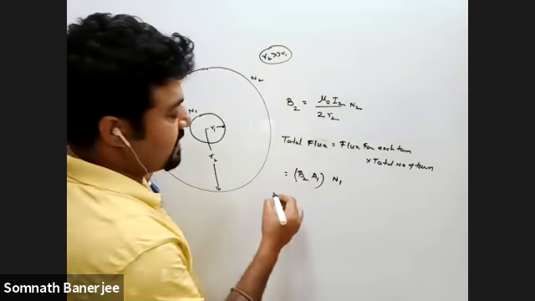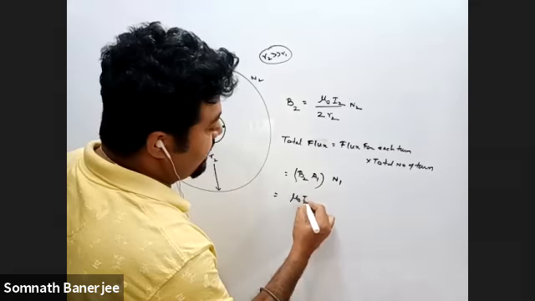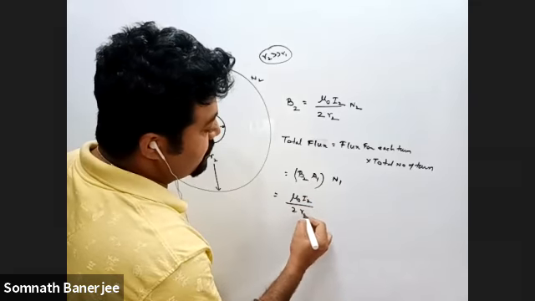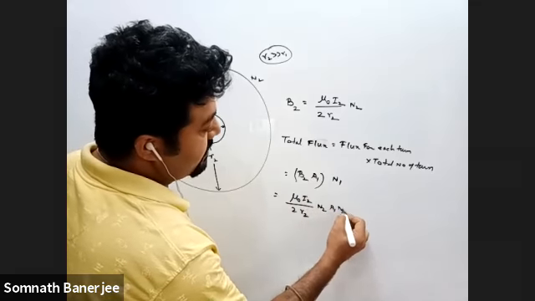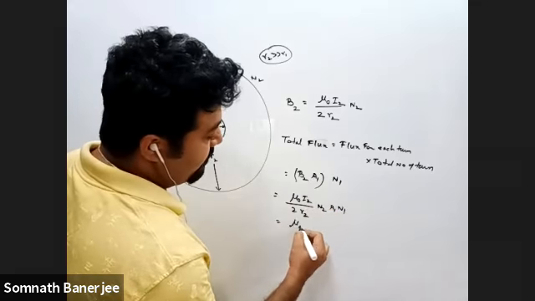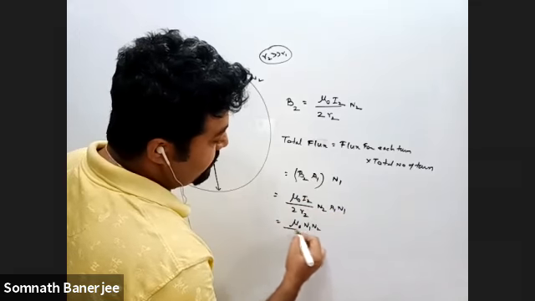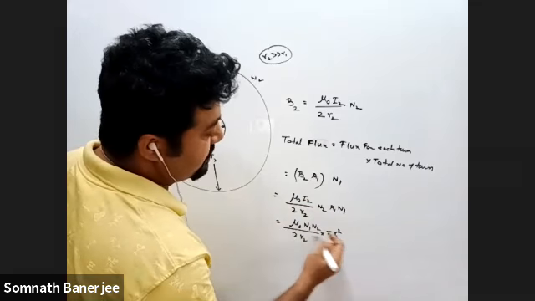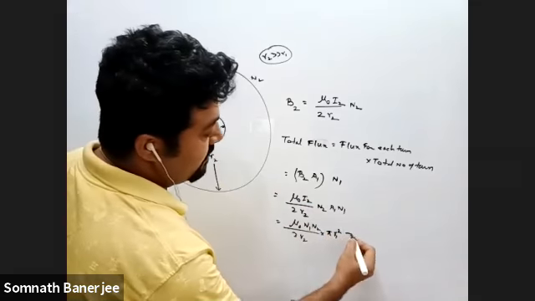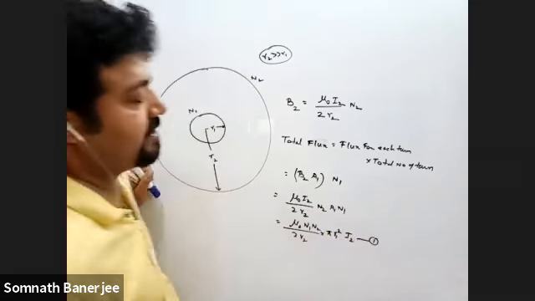So mu naught I2 by 2R2 into A1 N1. So what you have is mu naught N1 by 2R2, and A1 you can write as pi R1 square, the area of this circle, into I2. Let it be equation number 1.